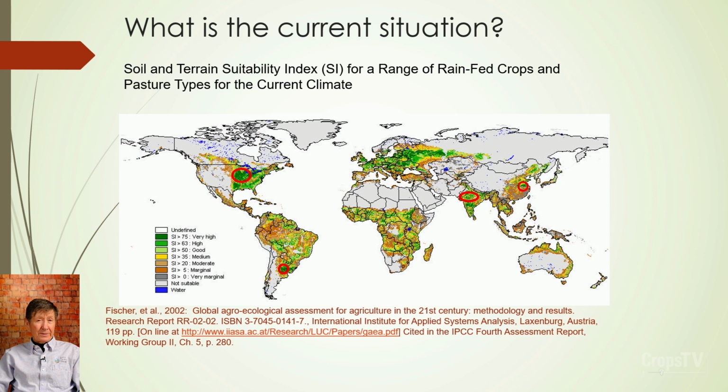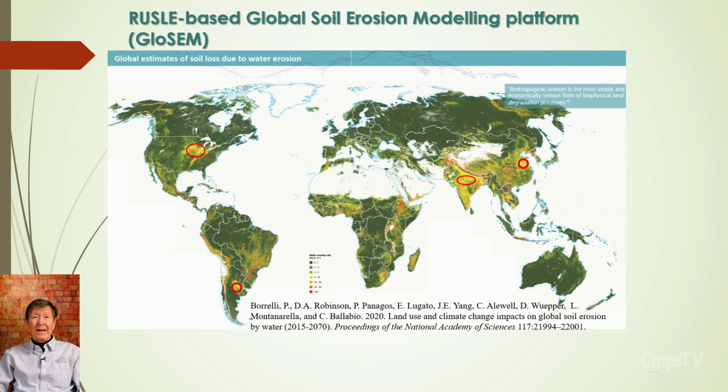And then there's an area that's quite productive in India. Can you remember where those are? Because I'm going to show you a figure next that was done 2 decades later that addressed the potential soil erosion based on rainfall, based on soil, and based on landscape characteristics.